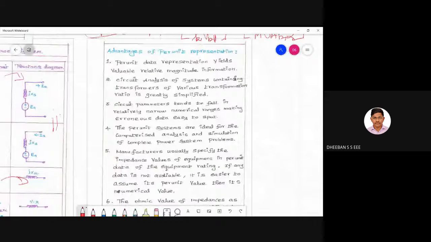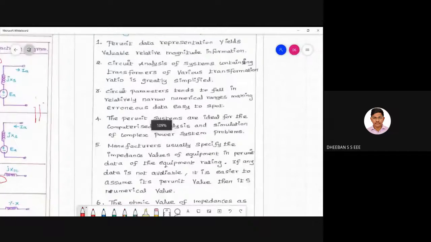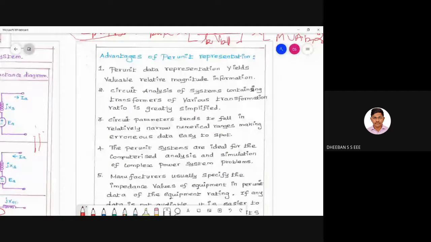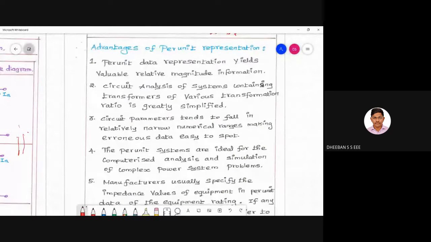Coming to the advantages of the per unit representation. What is the primary advantage of this per unit representation? This gives valuable relative magnitude information. So the interpretation part is very much simpler if you are using a per unit representation. Okay.